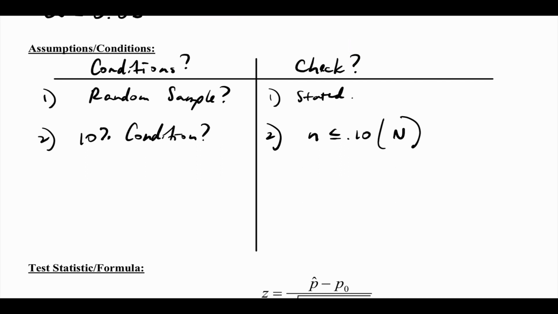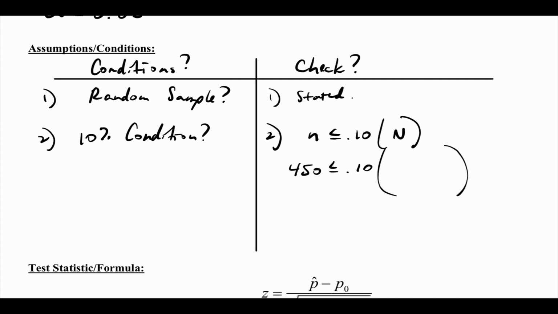We know what little n is, 450. We don't have a number for big N, right? But in words, who would be big N? Yes, there you go. All people who took the vaccine.